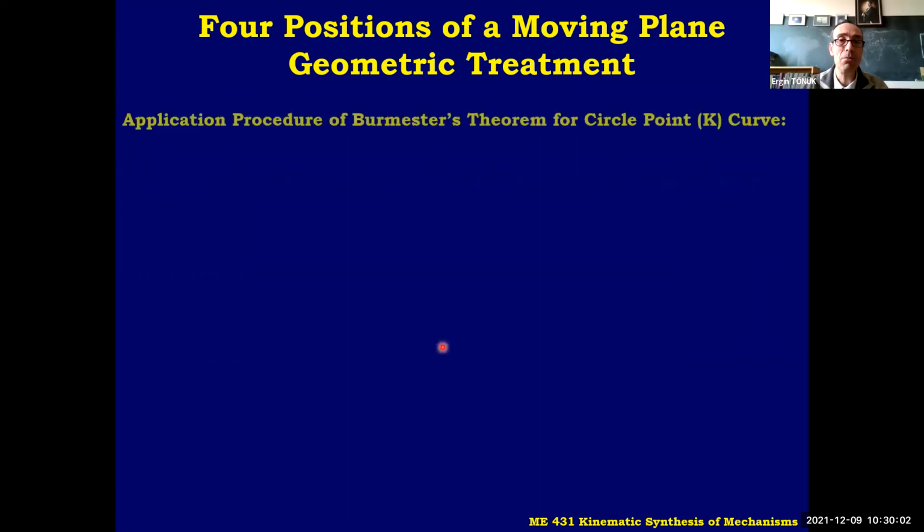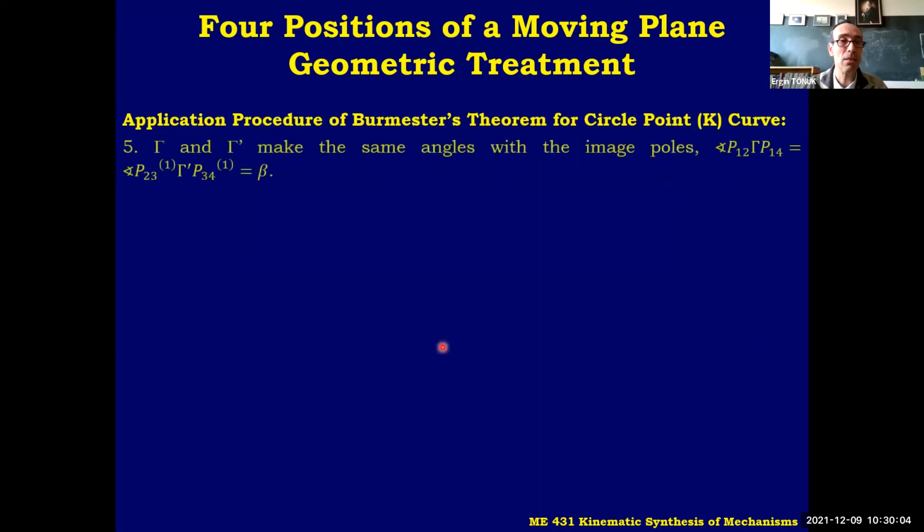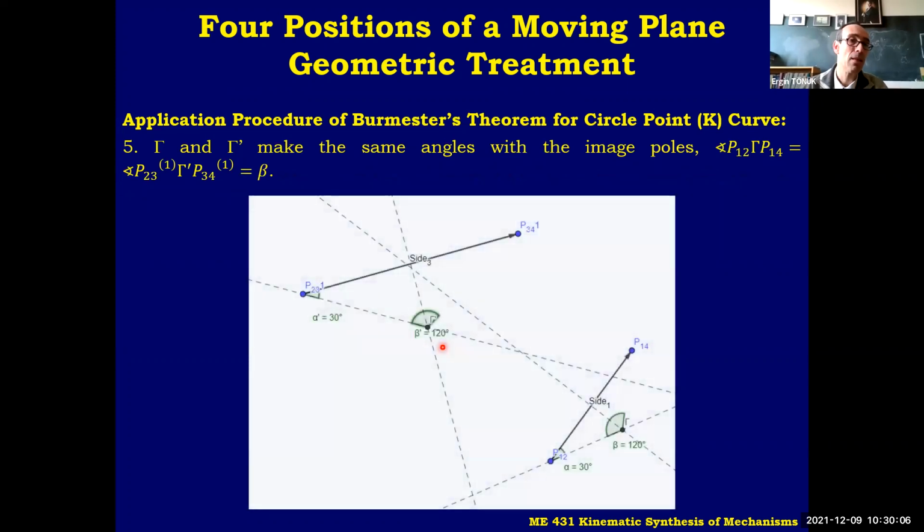Now, what item 5 says, gamma and gamma prime make the same angles with the image poles.